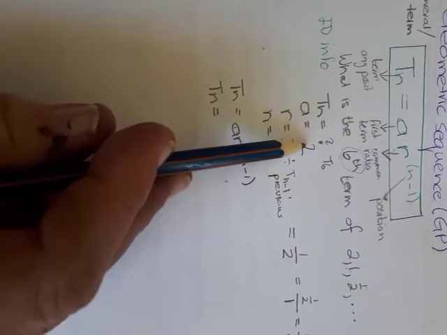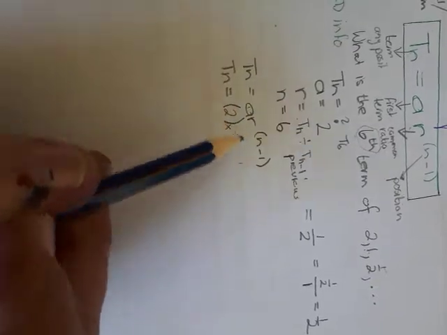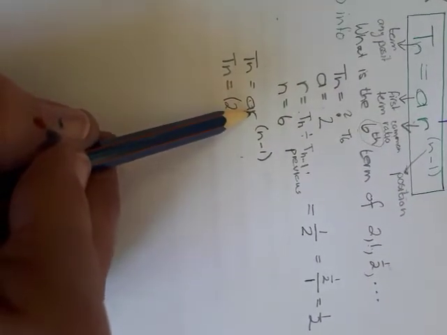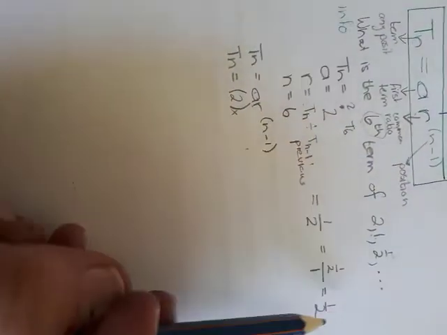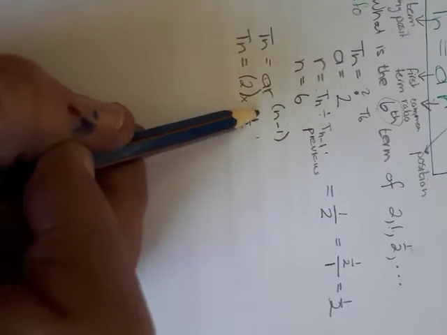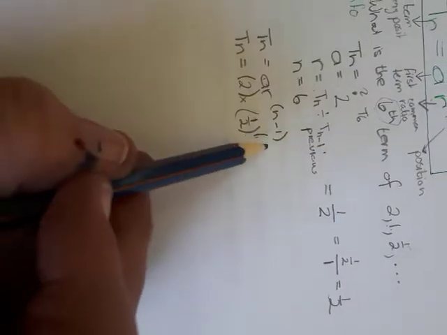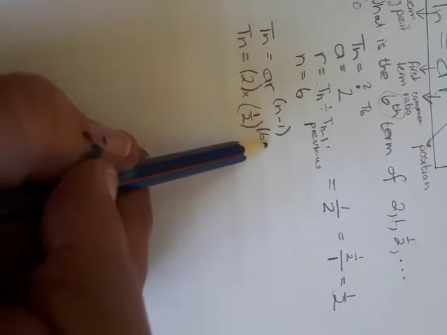In the place of A, you will write a 2, times. In the place of R, we will write 1/2. So that is then 1/2 to the power of, in the place of n, we will write 6 and then minus 1.